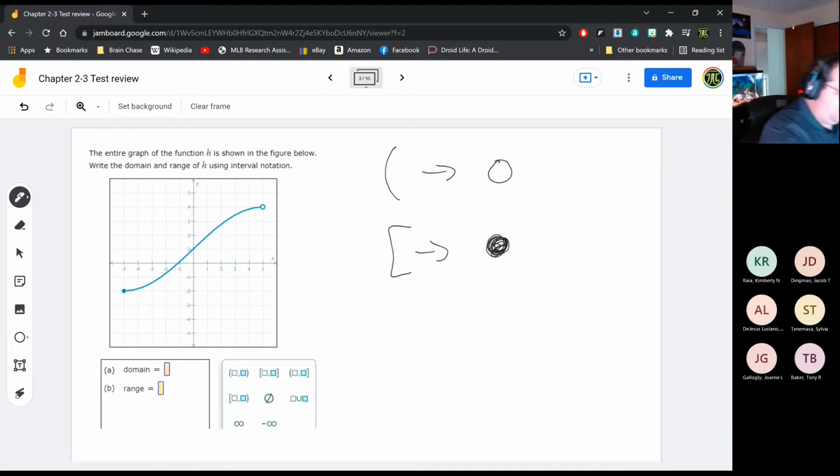So when we're looking at this one, domain is going from left to right. So we're looking at the x's. So my domain is going from -5 to 5. At -5, I have a bracket because it's a closed dot. And at 5, I have a parenthesis because it's an open dot. So that's my domain.